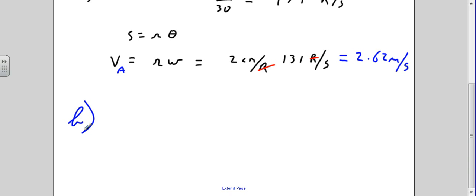If the rope is moving 2.62 meters per second on the A guy, how fast must it be moving on the B guy? The same, right? So the velocity on the B guy has to be the same, 2.62 meters per second. Well, that was easy. Now find the angular velocity on the B guy.